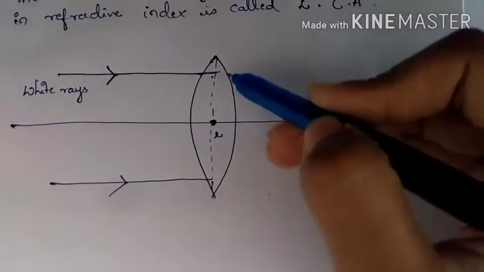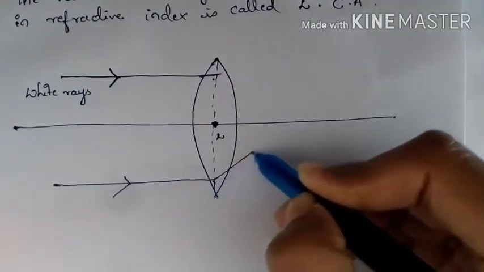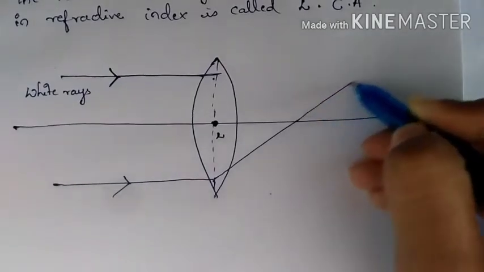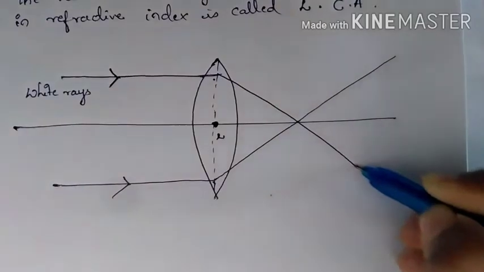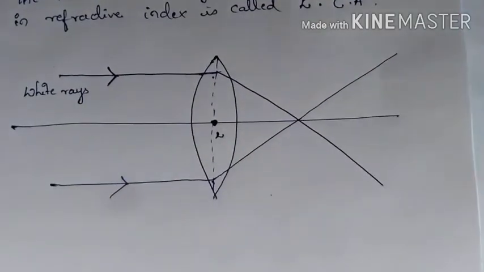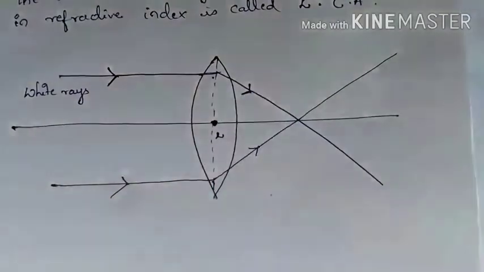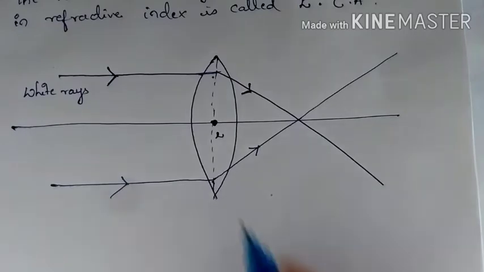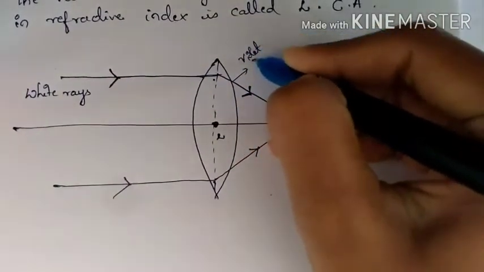So this violet ray will get refracted and forms an image at a different point. So this is the refraction of the violet ray from the white light. So this is for violet ray.